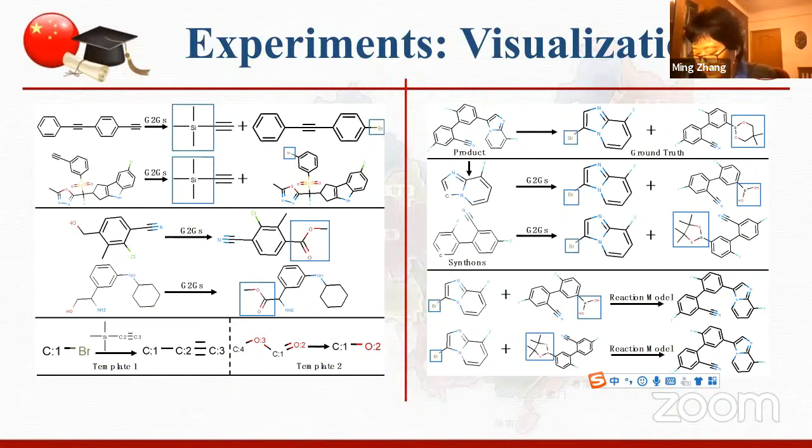To further illustrate this point, we employ a reaction prediction model to predict the product based on the reaction generated by our model, which is shown in the bottom of the right figure.